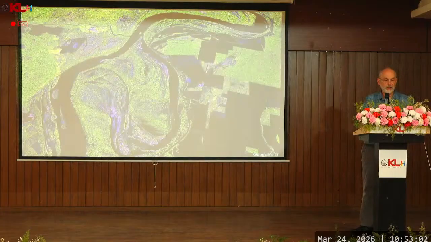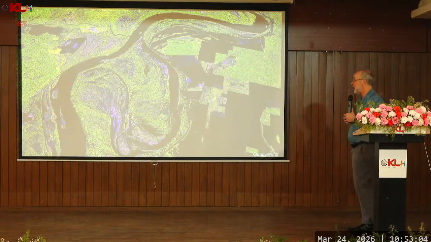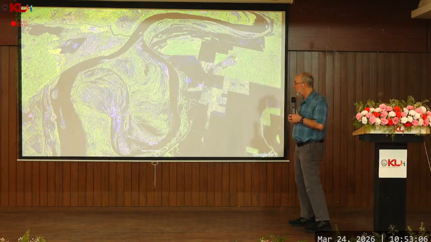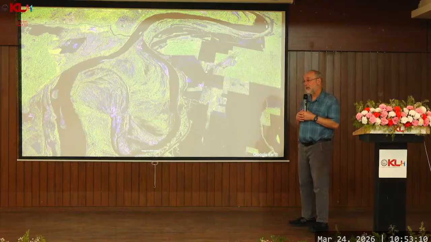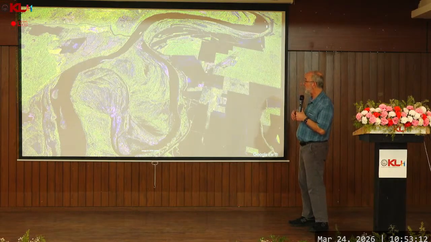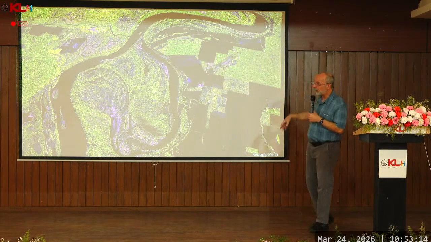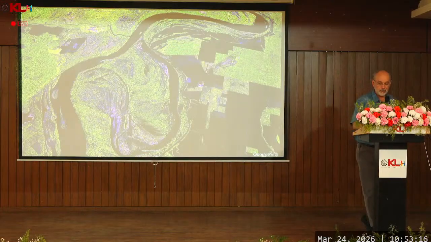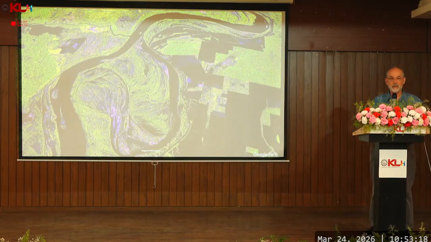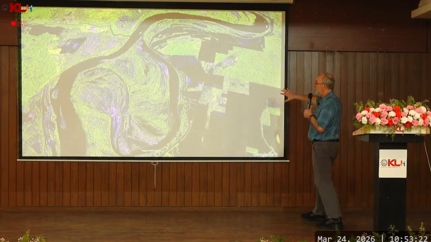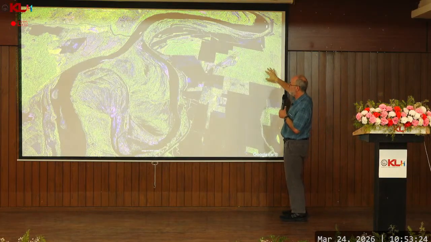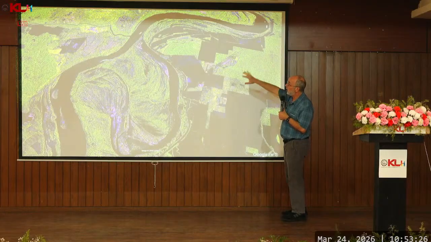So here's an animation. This animation was created at the time of the American Geophysical Union conference in December that was held in New Orleans. So this is an animation, a scene that was taken over New Orleans. So just in this fixed frame here, you can see lots of green. Green meaning vegetation.